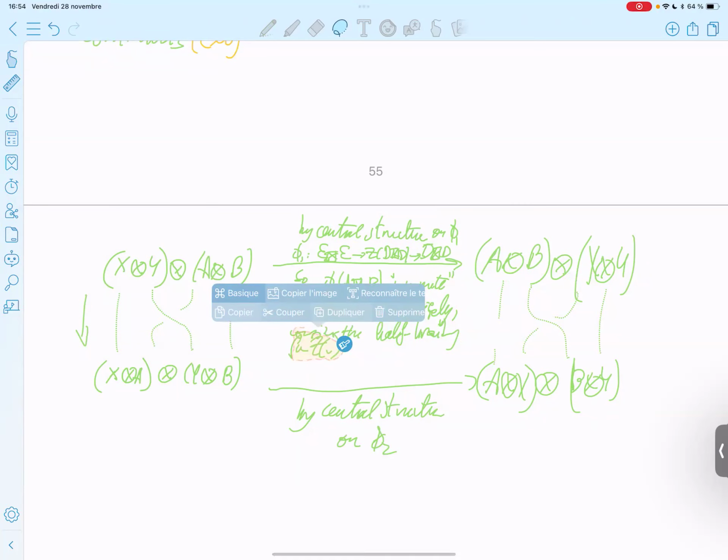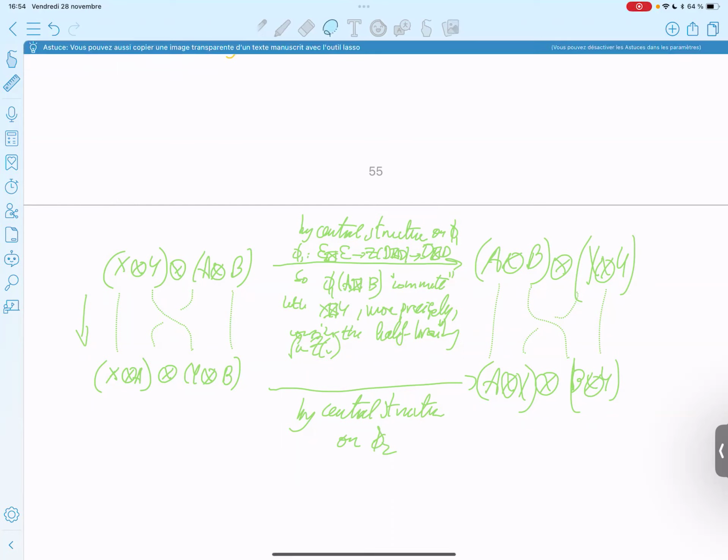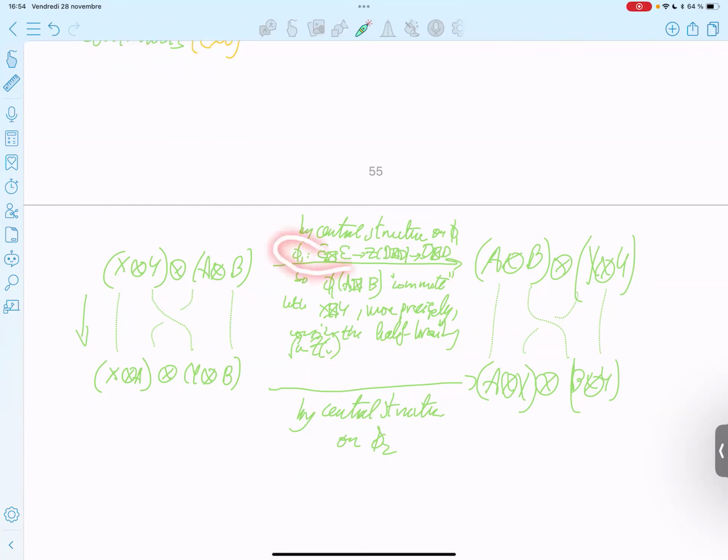Sorry about this little confusing text, but I'm just saying that you use the central structure of that, which involves the Drinfeld center, which we define with half braiding.